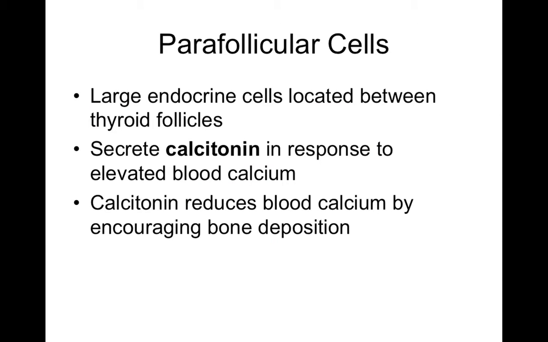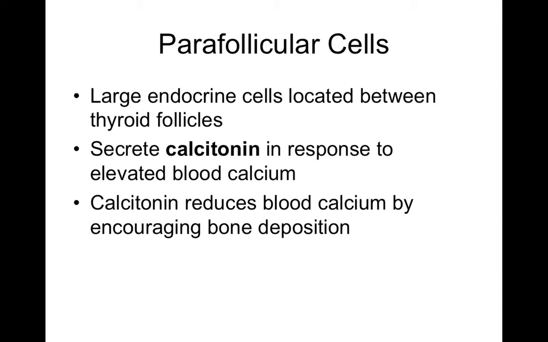Now, remember, within the thyroid gland, we have the parafollicular cells. These are larger endocrine cells located between each of the thyroid follicles. And what these parafollicular cells do is they secrete a hormone called calcitonin. What calcitonin does is it decreases blood calcium by increasing the reabsorption or the deposition of calcium into your body's bones.